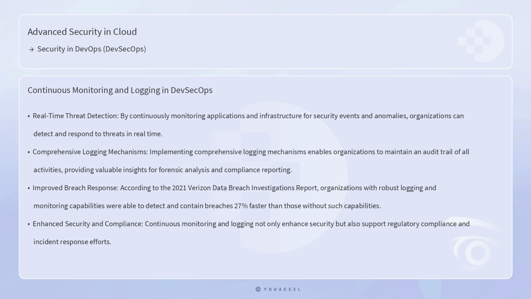According to the 2021 Verizon Data Breach Investigations Report, organizations with robust logging and monitoring capabilities were able to detect and contain breaches 27% faster than those without such capabilities. Continuous monitoring and logging not only enhance security, but also support regulatory compliance and incident response efforts.